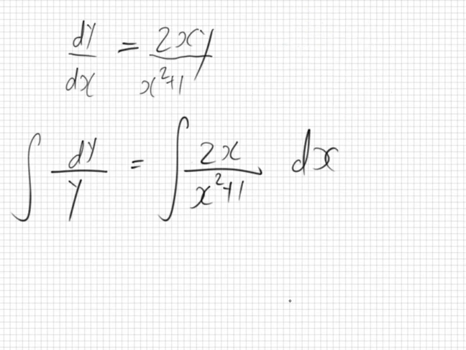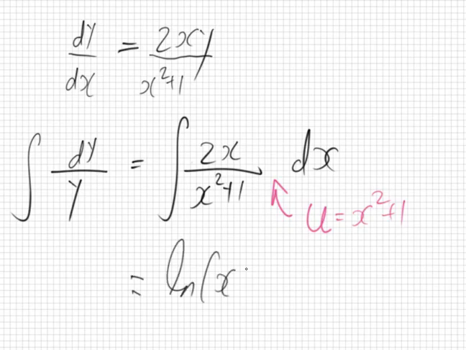Here we have to say u equals x squared plus 1. It's one of these problems where the derivative of the denominator is equal to the numerator. So we have a shortcut rule here. We know the answer to this will be log x squared plus 1. This will be log y plus c.